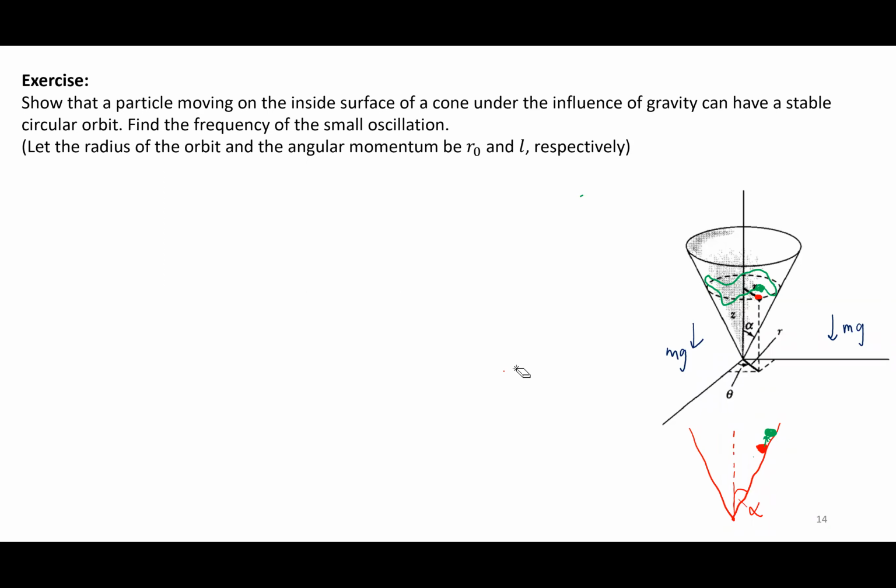Okay, so how do we approach this problem? Because I said this is not quite the same as the central force problem that we have been considering. It's because now in reality, this is really a three-dimensional problem, right? And the gravitational force is pointing downward, instead of just pointing to one point, right? But gravitational force is not the only force in this problem.